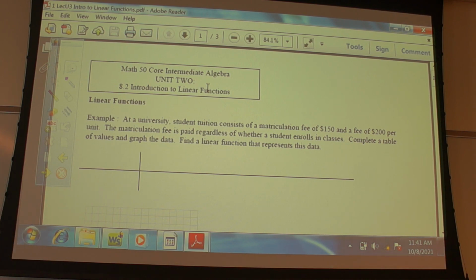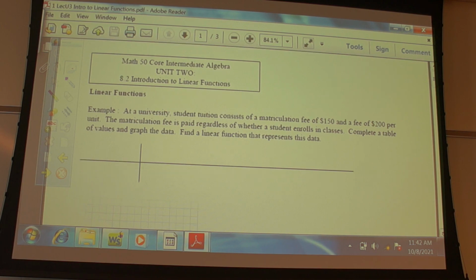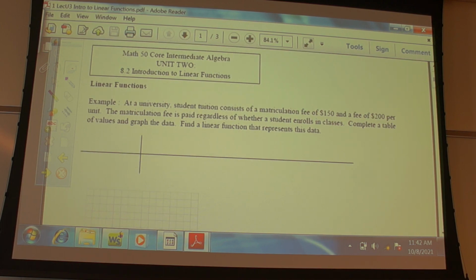So let's go ahead and start with this one. At a university, student tuition costs consist of a matriculation fee of $150 and a fee of $200 per unit.